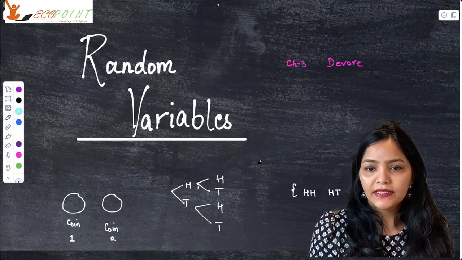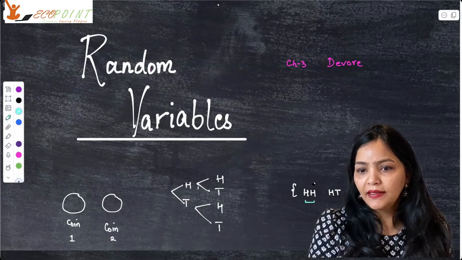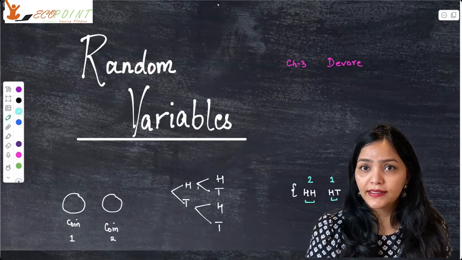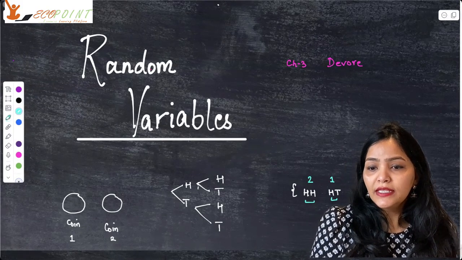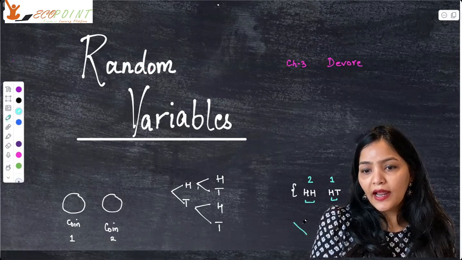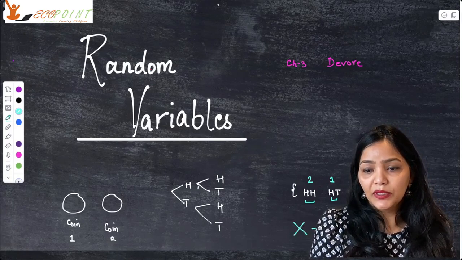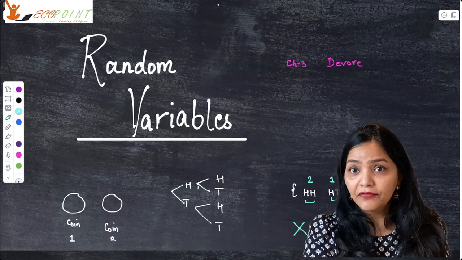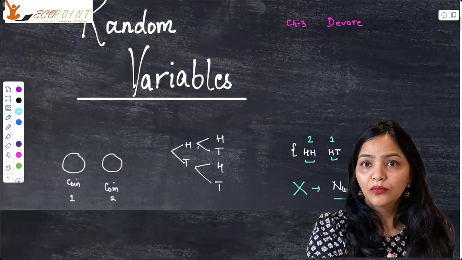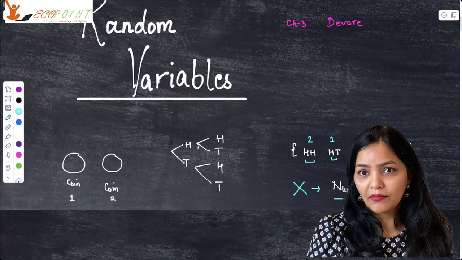Well, in this case, I'm getting two heads. In this case, I'm getting one head. In this case, I'm getting one head. And in this case, I'm getting 0 heads, right? So this number of heads is your random variable X, because this can take different values randomly according to the outcomes in the sample space.